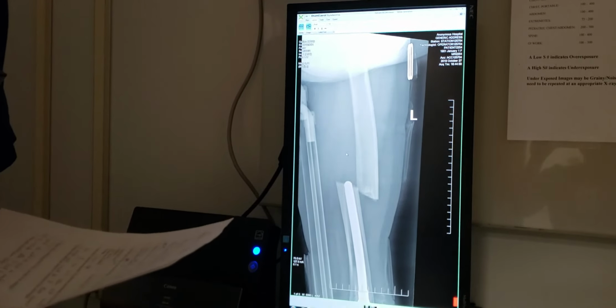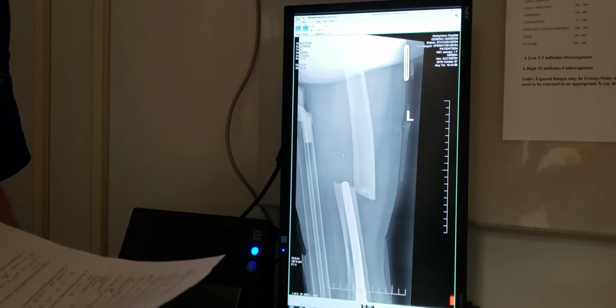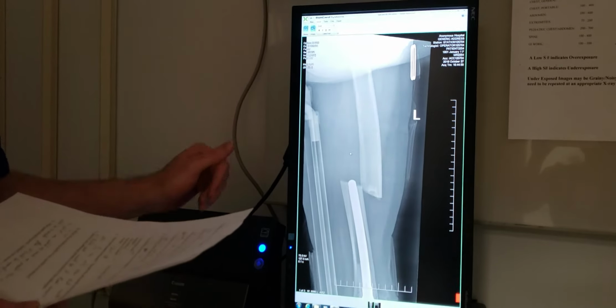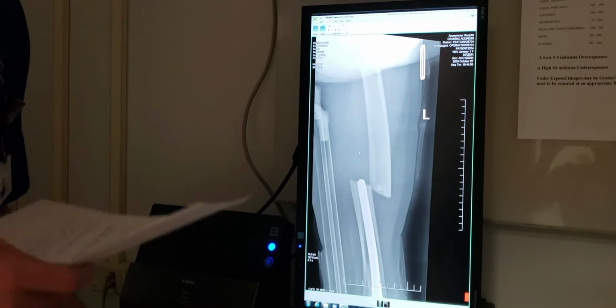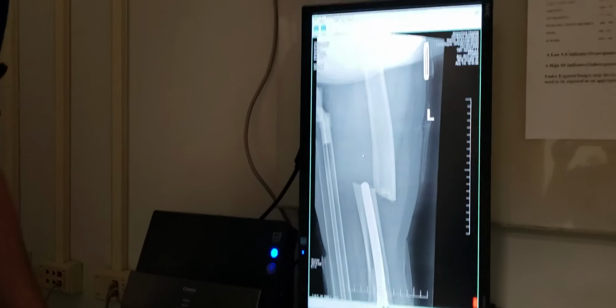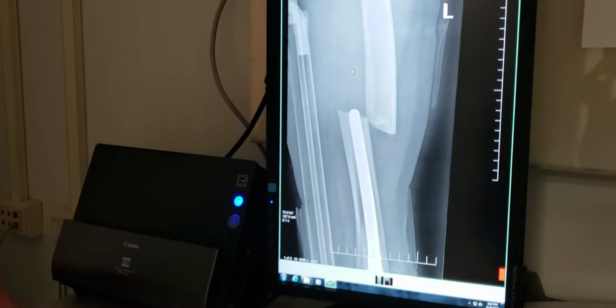As for collimation, I think this isn't too bad. Of course, they missed the bottom part, but it is only the leg here that's included on the x-ray. No extra legs over here are included. For the exposure, I think it might have been a little bit under. There are lots of shades of gray, but it's difficult to see any trabecular detail within the bones.